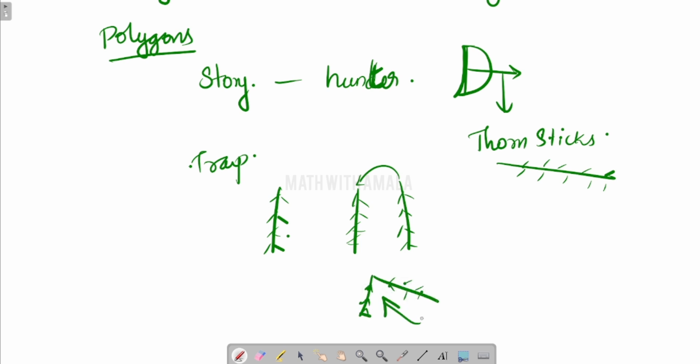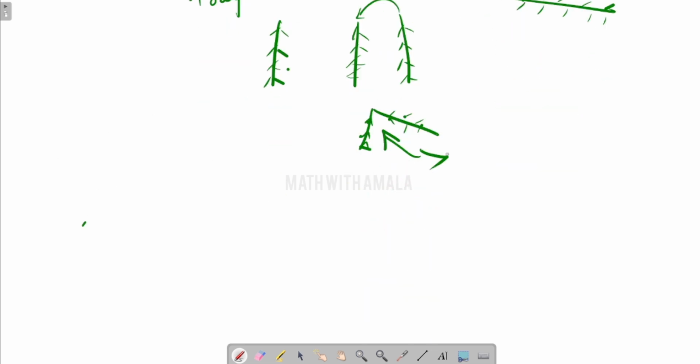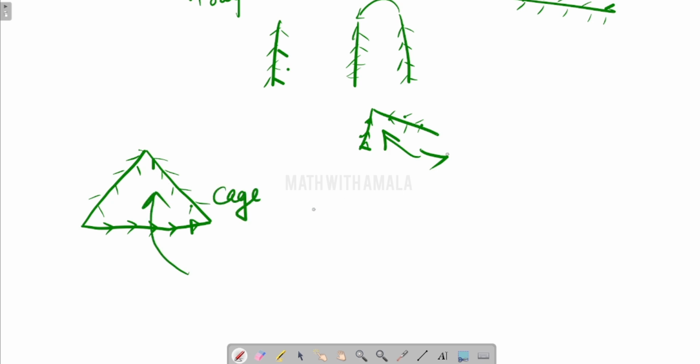Then he tried with two, but the two ends were not closed. Then he tried with two closed, and something got inside and got out through the open end. Now he tried again with three thorn sticks, in which one side was not closed, and something went inside and got outside.